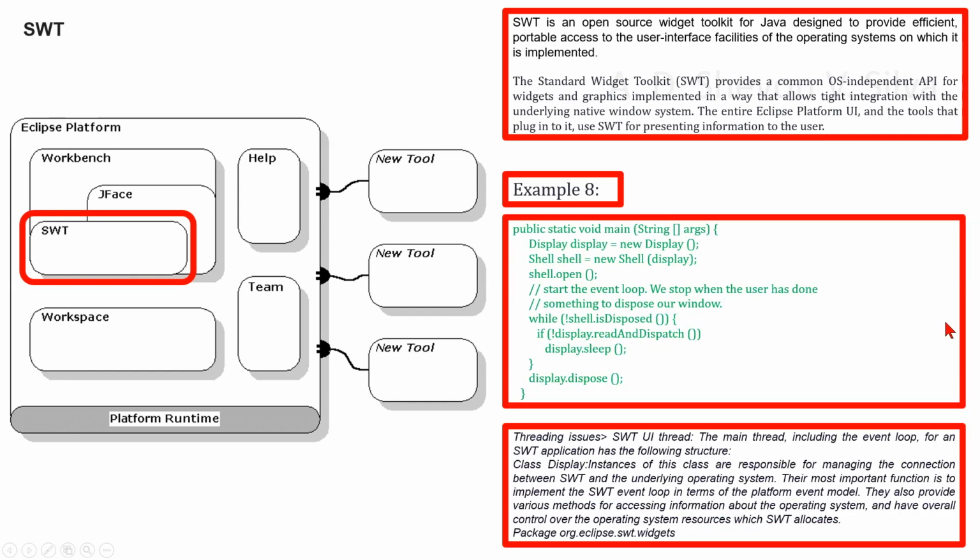Now we are considering the SWT UI thread in threading issues. The main thread, including the event loop for an SWT application, has the following structure. The class Display: the instances of this class are responsible for managing the connection between SWT and the underlying operating system.